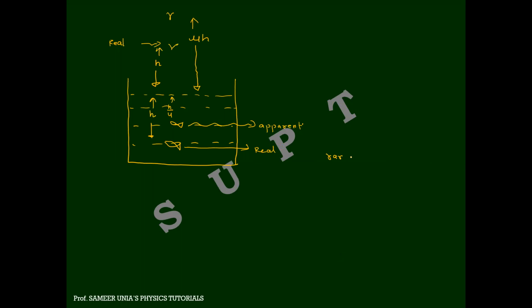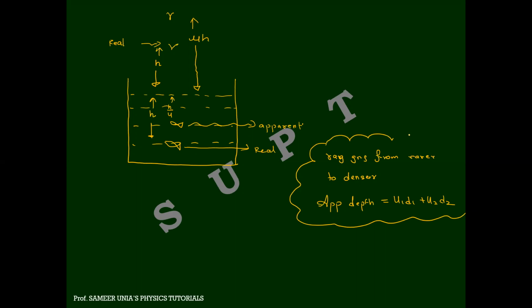Ray is going from rarer to denser in any medium, so apparent depth directly क्या हो जाएगा? mu1 d1 plus mu2 d2. Remember all these things, please. You'll not be able to get it otherwise.